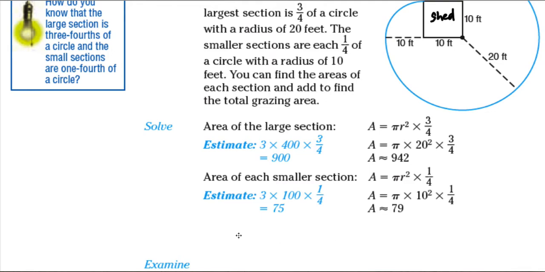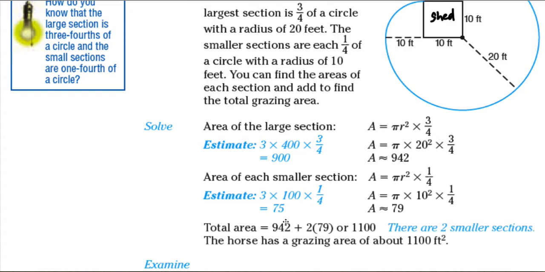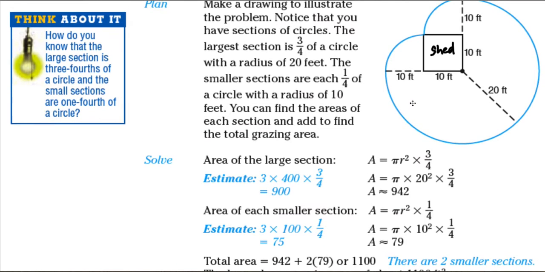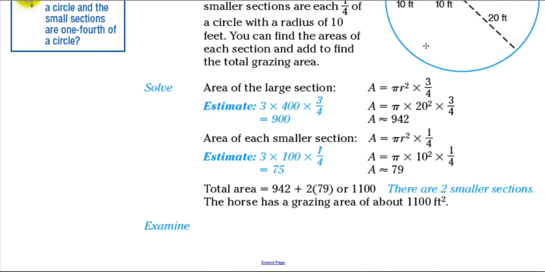So the total area where Harry will be grazing will be the sum of the 3/4 of a circle, which is 942, plus 79 multiplied by 2, because there are two 1/4 circles right here. So multiply 79 by 2, and the total is around 1100.